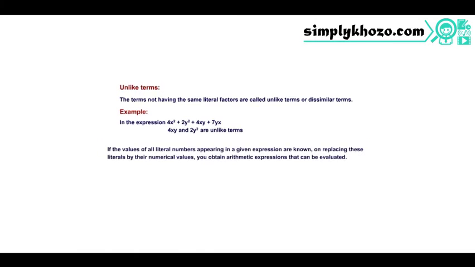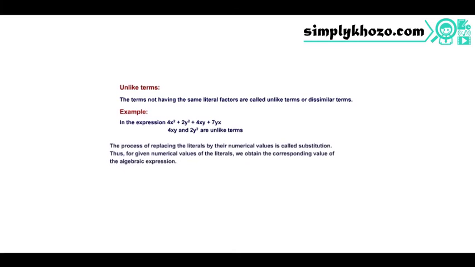If the values of all literal numbers appearing in a given expression are known, on replacing these literals by their numerical values, you obtain arithmetic expressions that can be evaluated. The process of replacing the literals by their numerical values is called substitution.